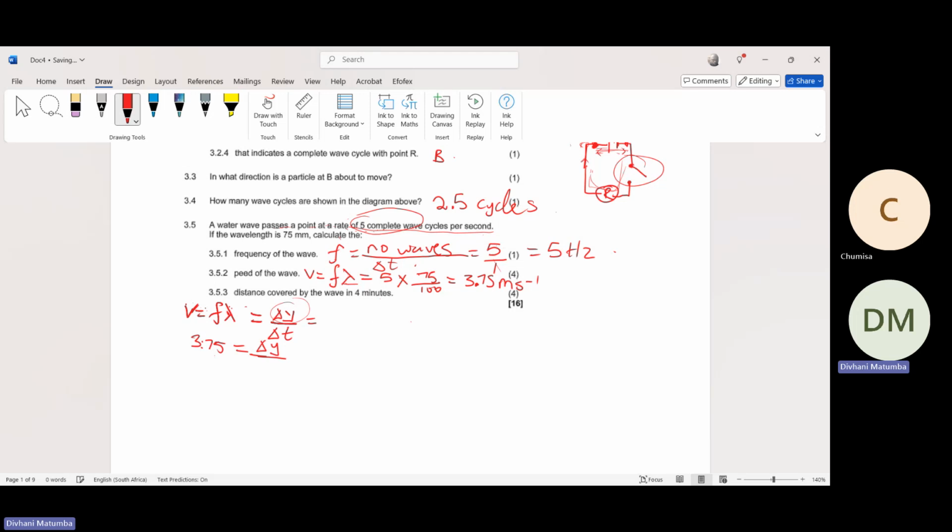So what do we do? How do we convert 4 minutes to seconds? How much will it be?